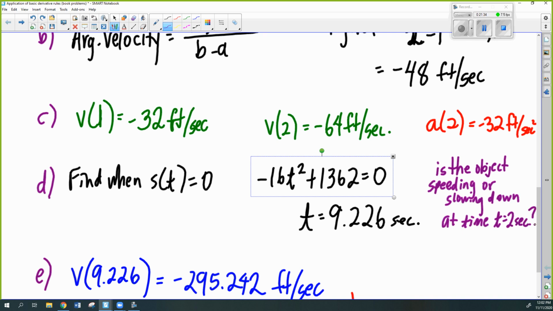Is the object speeding up or slowing down? I didn't ask what the speed was, even though we could find it. What would be the speed at time 2? It would be positive 64, but that's not the question. I want to know, is it speeding up or is it slowing down? Okay?